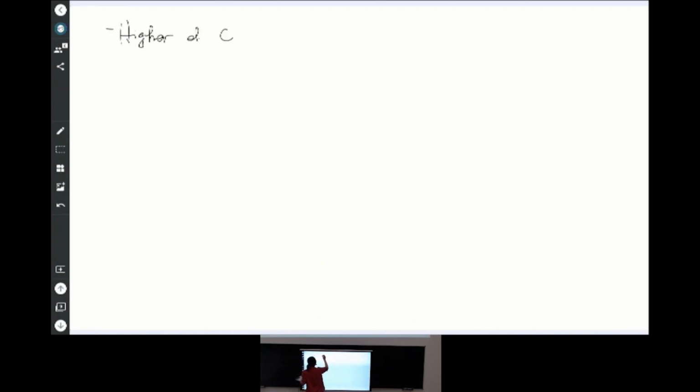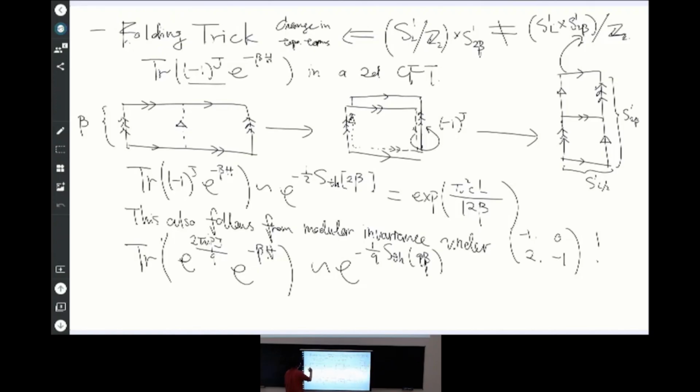What I can do is basically just replace this spatial circle by, let's say, S^{d-1}.